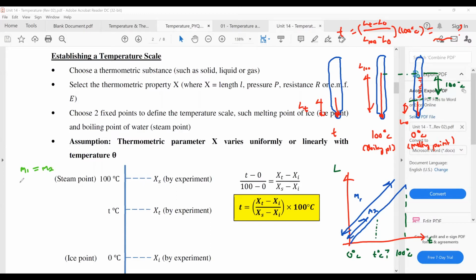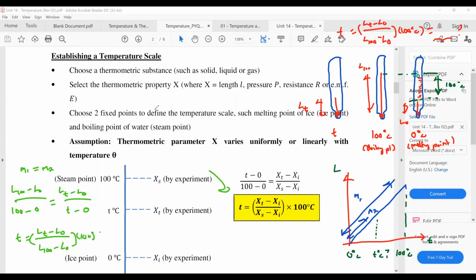M1 will be L100 minus L0 over 100 minus 0. M2 would be LT minus L0 over T minus 0. So eventually, if you work it out, you come to this conclusion: LT minus L0 over L100 minus L0, times 100. This will give you the temperature at a particular length. That's what this is trying to explain to you.